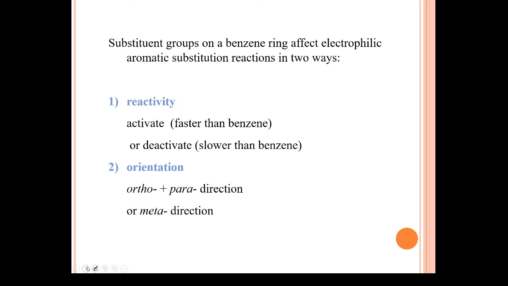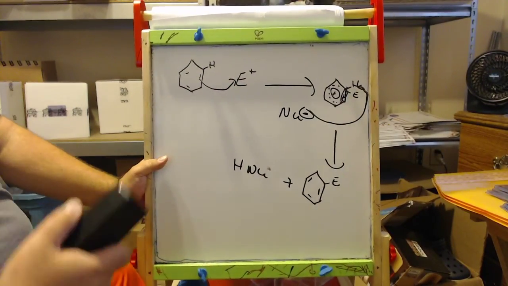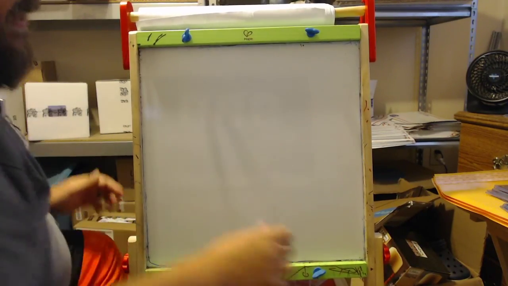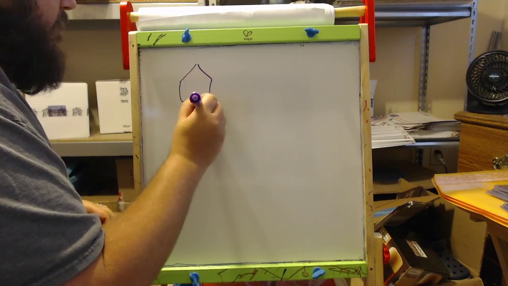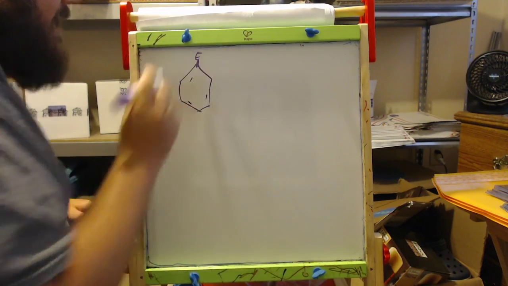So once I substitute to my ring, there's two things we have to look at: reactivity of the substituent, whether it's an activator or deactivator, and whether it's an ortho, para, or meta director. And what I mean by that is the following. If we take a look at the board, let's say I have my benzene ring, and I have an electrophile attached to it.